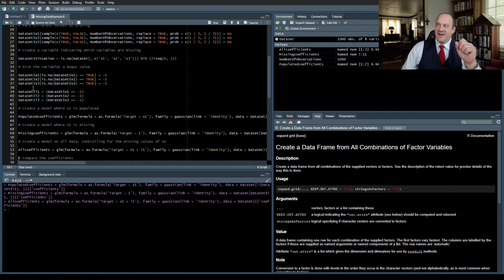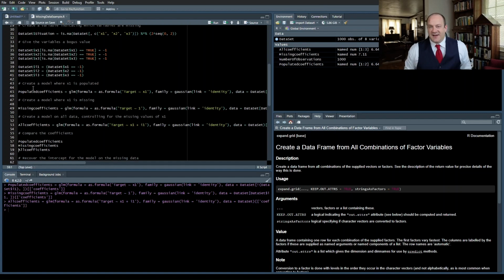At first glance, you would build 2 models. You would build one where the variable is populated, and then you would build a second one where the variable is missing and just use a sample average there. But in fact, if you regress against both the variable and its indicator, and then you just put some dummy value in for where the original variable is missing, you will get back the same model.